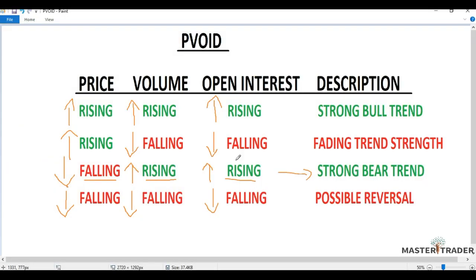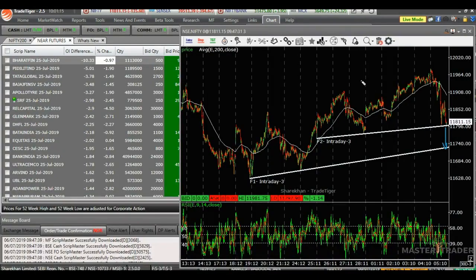We have a fall in open interest here, we have a fall in price, and then we need to look at volumes. If there is a drop in volumes as well, then this may indicate a possible reversal. Then we go and look at the charts to see if the stock is really near a level where it may reverse, or what is really happening in that particular stock.